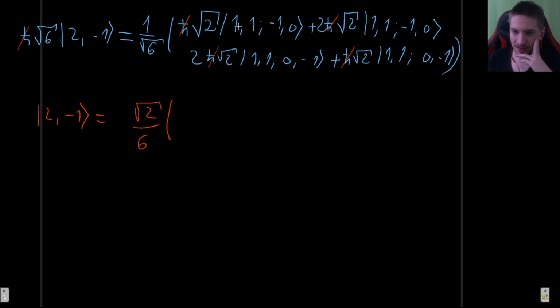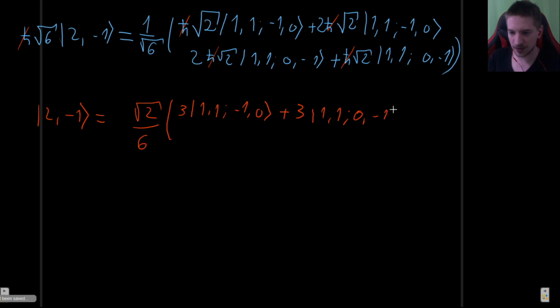I see 1, 1, minus 1, 1, and here's another one, 1, 1, minus 1, 0. I said 1 before, it was 0. So these first two are the same, and these other two are also the same. So we get 3 square root of 2, factor out the square root of 2, sorry, that shouldn't be there. 3 times 1, 1, minus 1, 0, plus 3, 1, 1, and then 0, minus 1.